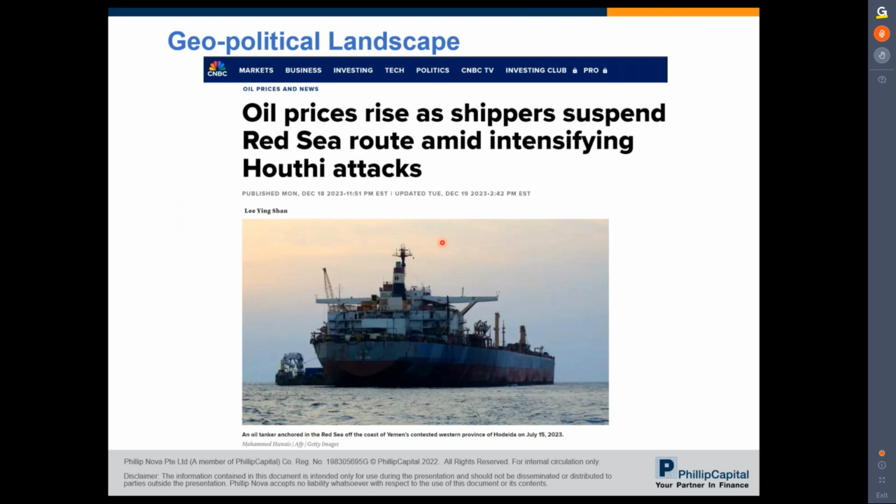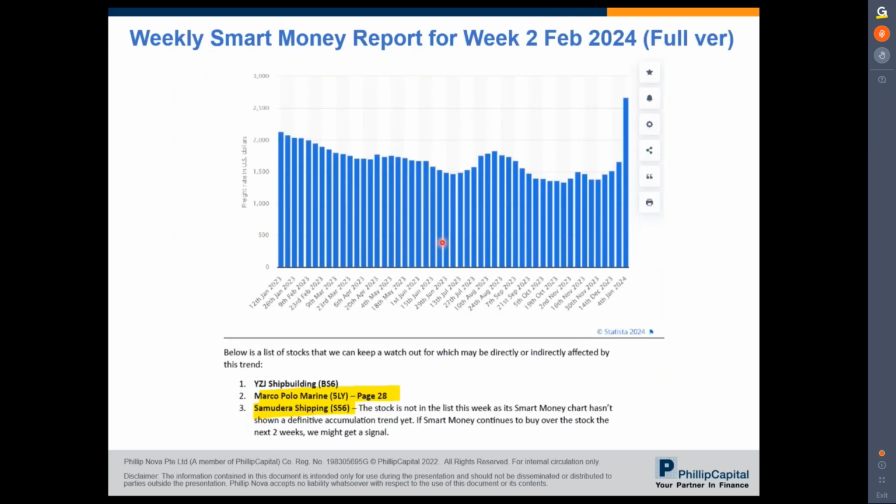So this will cause the cost of shipping to increase. In fact, if you were to just Google the freight rate, the freight rate for January hit an all-time high. So really because of what is going on in the Middle East region.